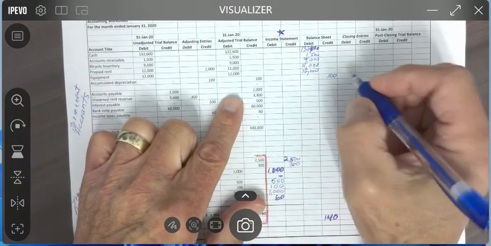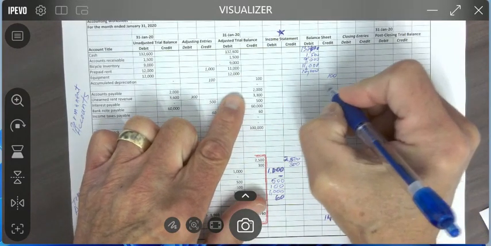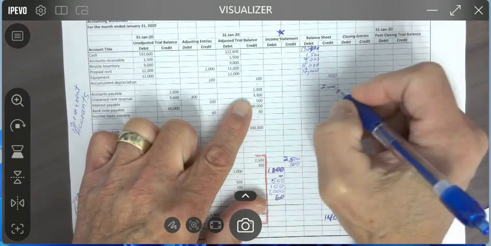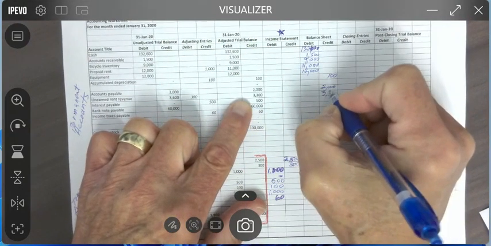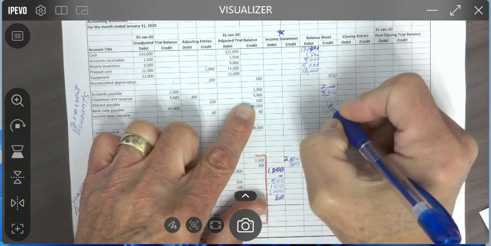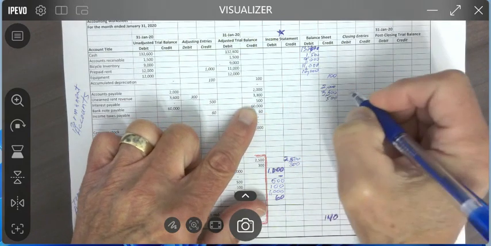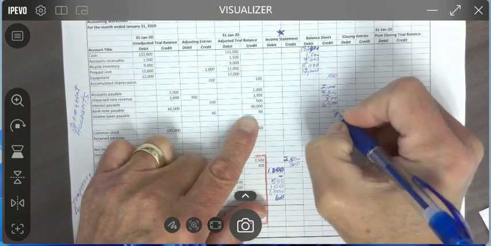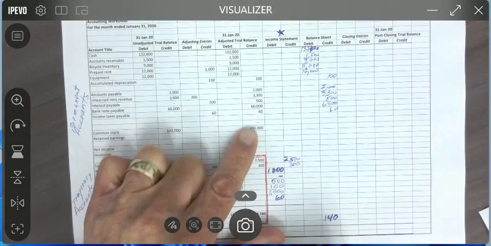On the liability side, we will report accounts payable of $2,000, unearned rent revenue of $3,300, interest payable of $500, the bank note of $60,000, and income taxes payable of $60,000.